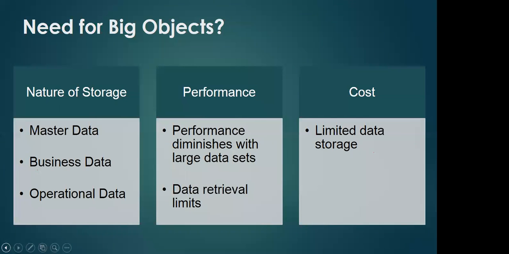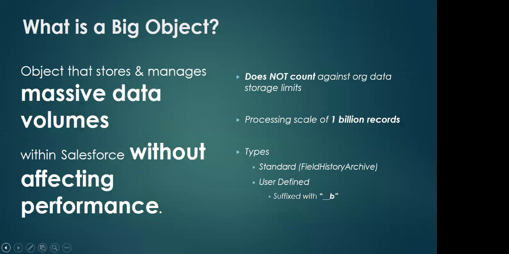And let's try to understand what big objects are, what they have to offer, and how they can help us address these particular issues. So with that, what exactly is a big object?